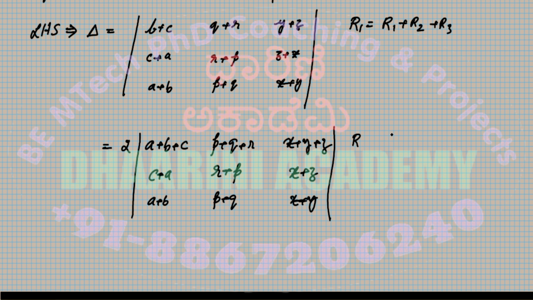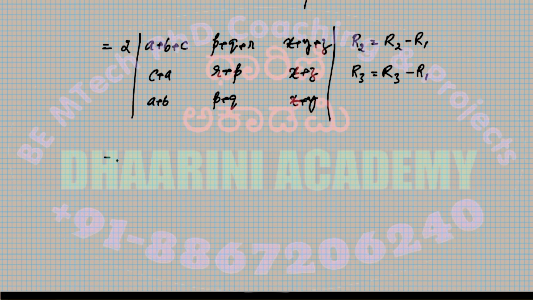So R2 is equal to R2 minus R1, and similarly perform R3 is equal to R3 minus R1. So it's very clear we are not going to touch the first row. So let us keep that as it is. So this is A plus B plus C, P plus Q plus R, X plus Y plus Z. So C plus A minus B minus C. C and A cancel, only minus B left.